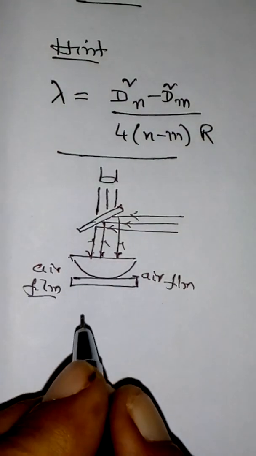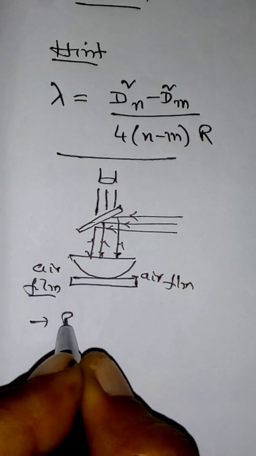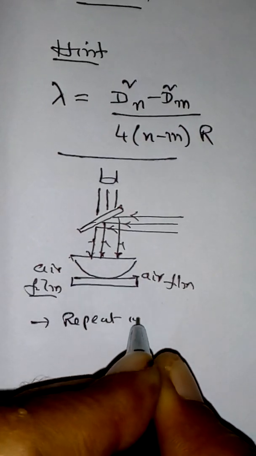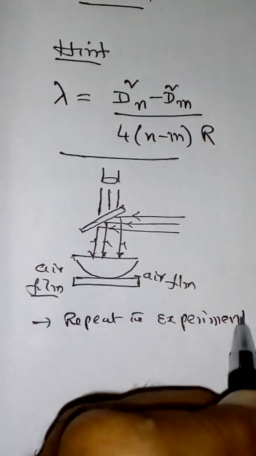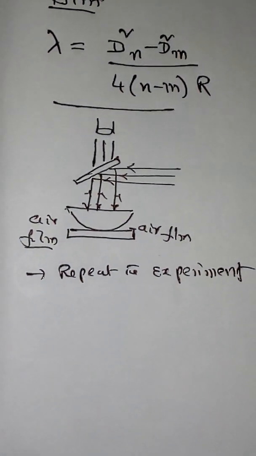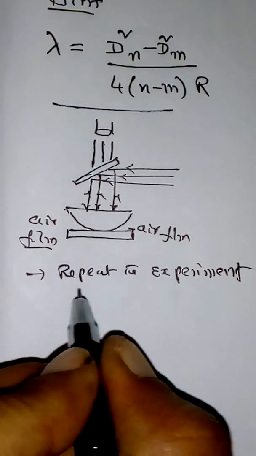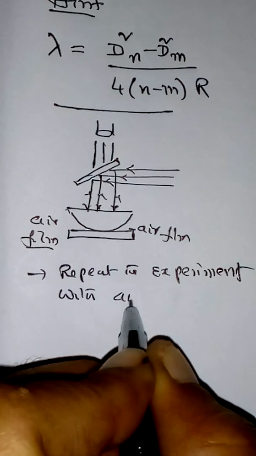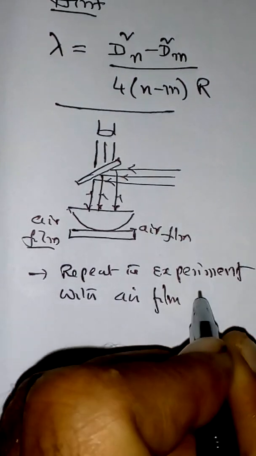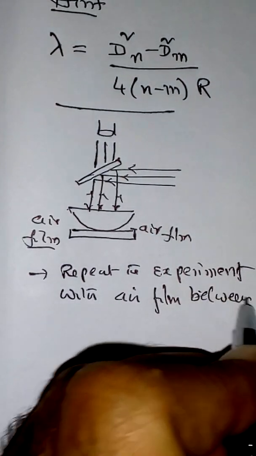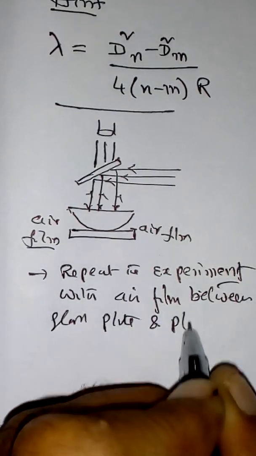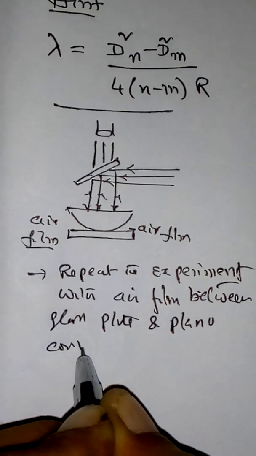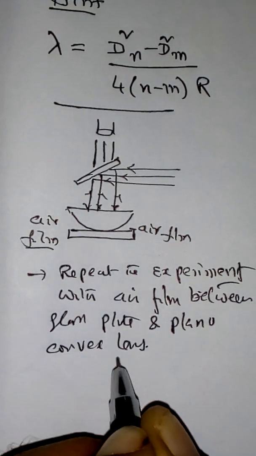So with the air film, we will conduct the experiment. Air film between the glass plate and the plano convex lens.